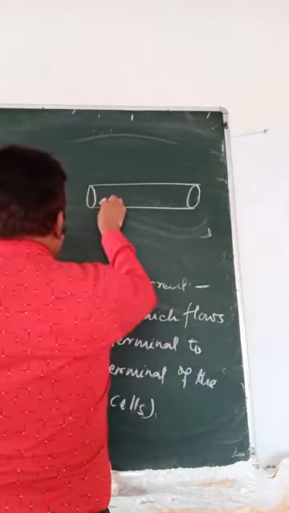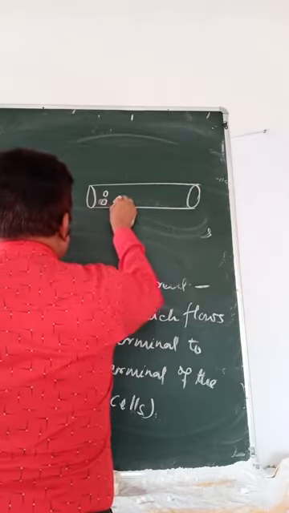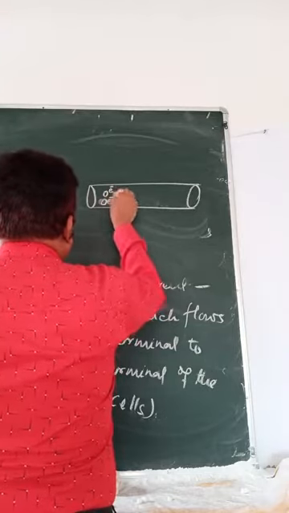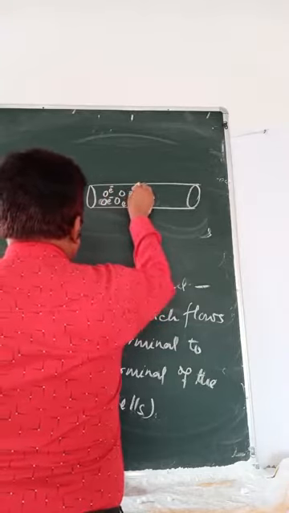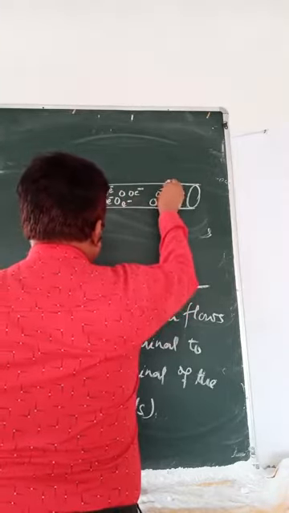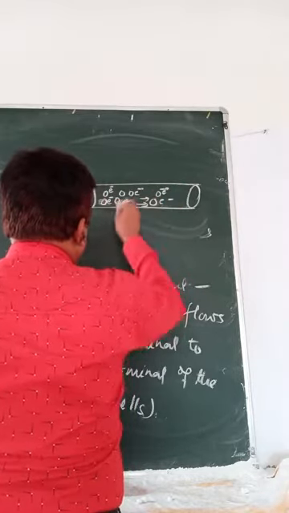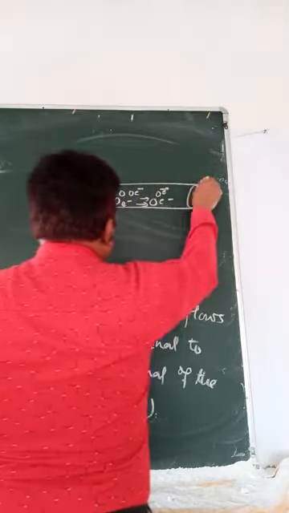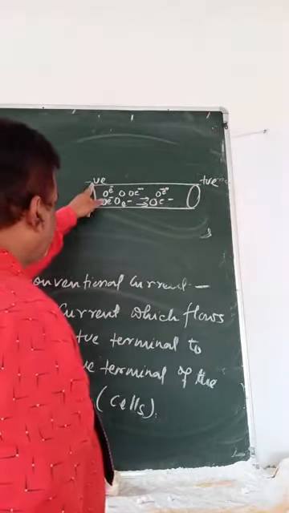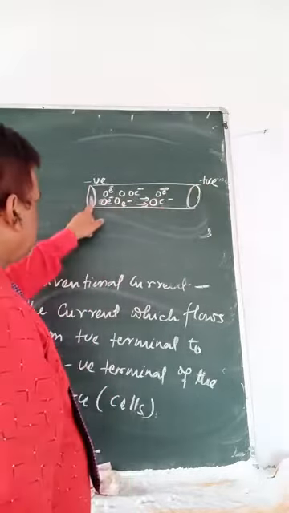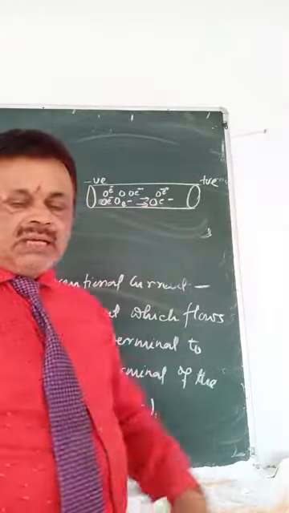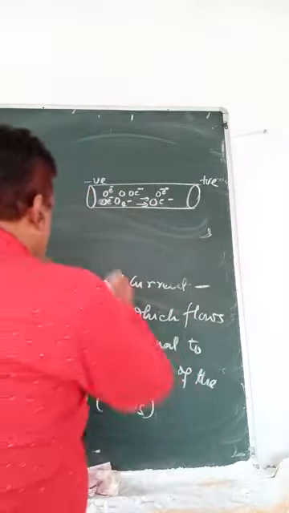There are a number of electrons, and this is the movement of electrons, from negative to positive. Electrons flow from negative to positive. That flow of electrons is called electric current. How do they move? Now you give some force or energy to that.